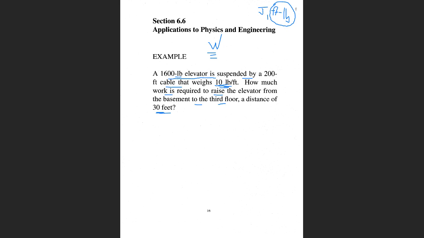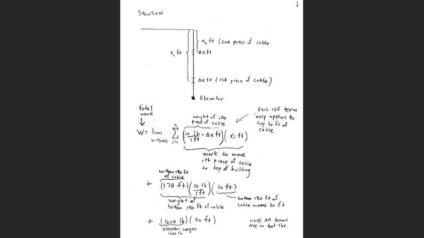Okay, so let's look at this problem here. A very applied problem. Now I'm going to give you a chance to copy some things down. First of all, I'm going to give you a chance to copy this picture down. What I've done is I've drawn a picture where here's the elevator down here, and up here is the top of the building.